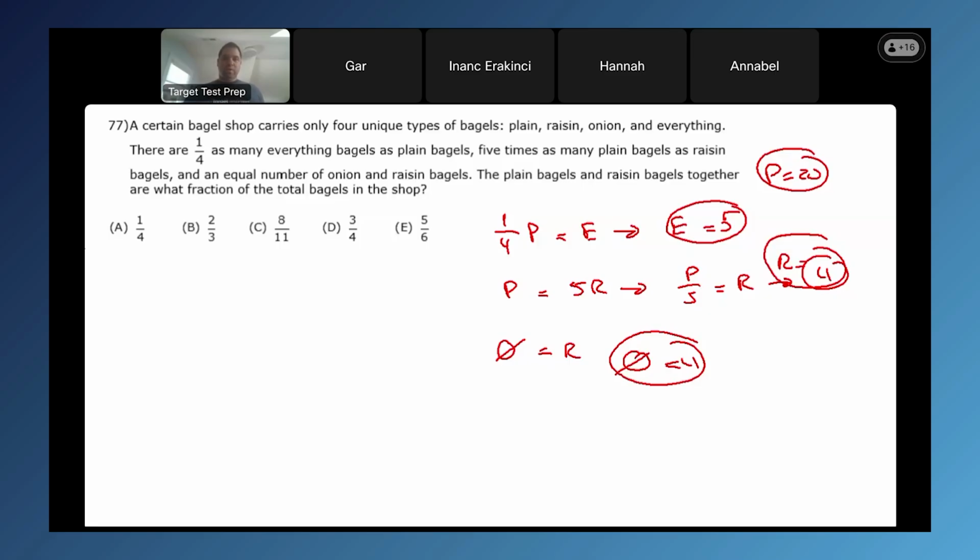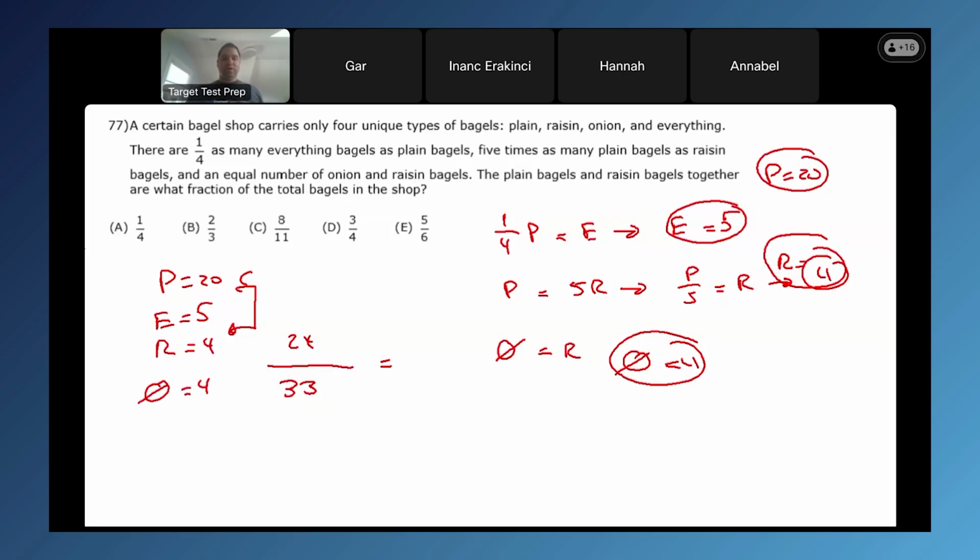So rewriting this, P is 20, everything is 5, raisin is 4, and then onion is 4 as well. Well, that's pretty much all we need, right? So plain bagels and raisin bagels are what fraction of the total? We add these together: total 20 plus 5 is 25, plus 4 is 29, plus another 4 is 33, and we need plain plus raisin, that's going to be 24.